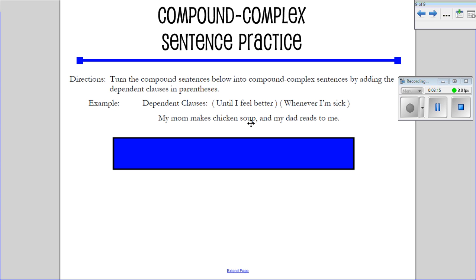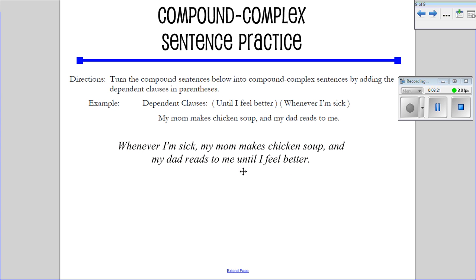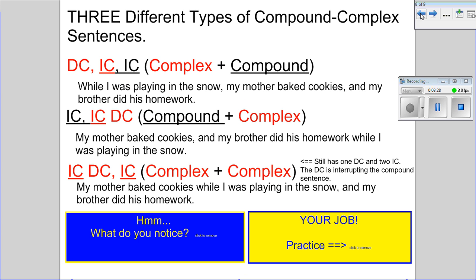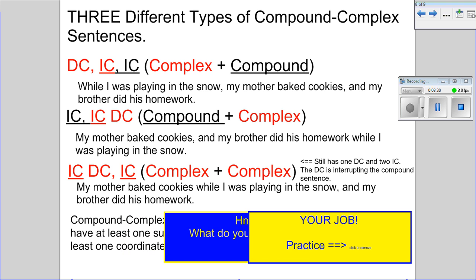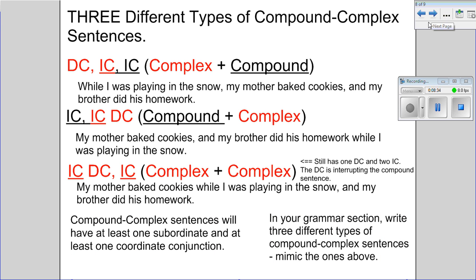You'll have a compound sentence, and it will give you dependent clauses that you'll add to make it a compound complex. So go ahead and mimic the sentences that you see on this slide. And then you will come see me to get a worksheet.